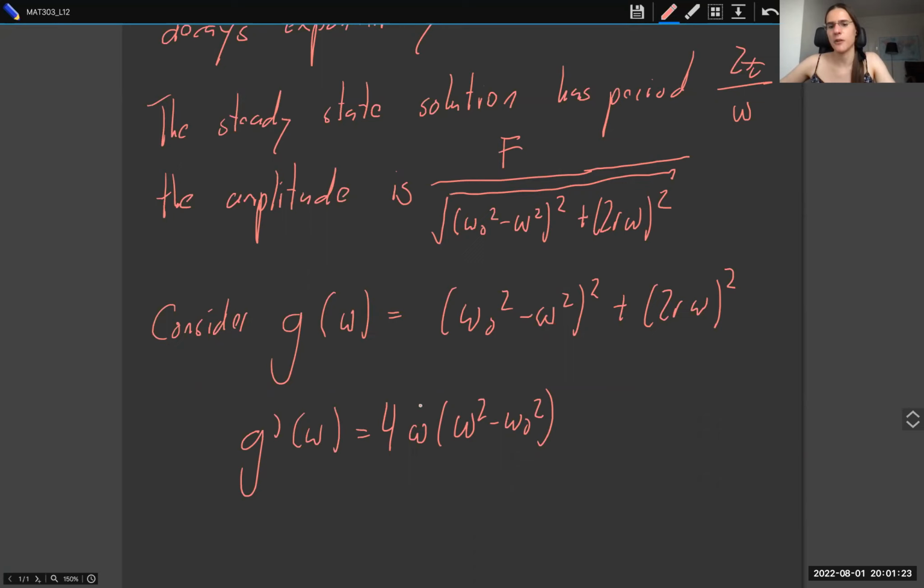Then it's all positive. Then the chain rule derivative would be 2 times this term, and then here we have plus 4r squared omega squared. When we differentiate that, we're going to get plus 8r squared omega.